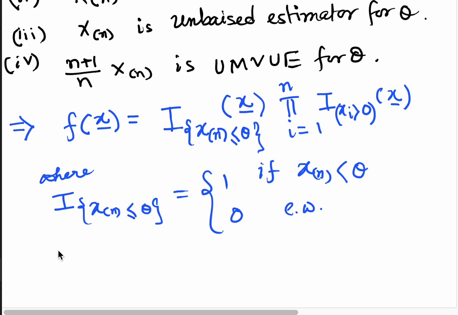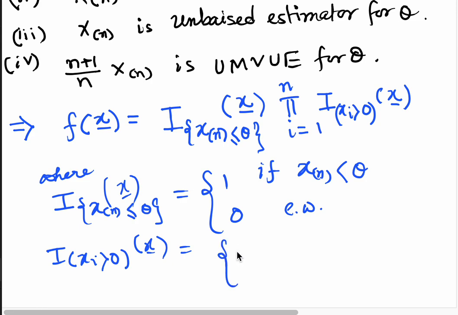And similarly, I(xi greater than 0) is equal to 1 if xi is greater than 0 and 0 elsewhere.